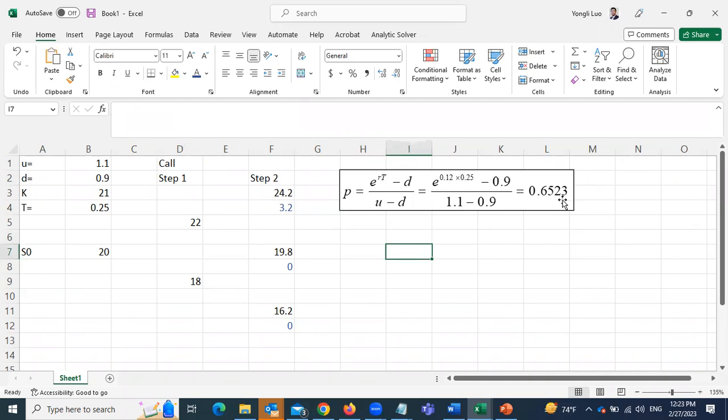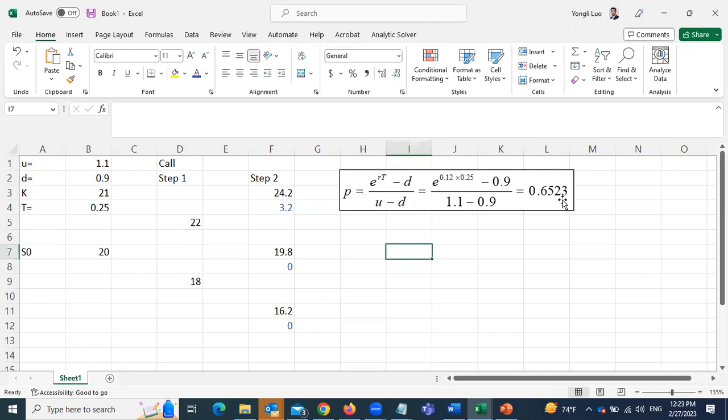The probability to go up is 0.6523, and remember the number you got here is 3.2, so it's times 3.2.